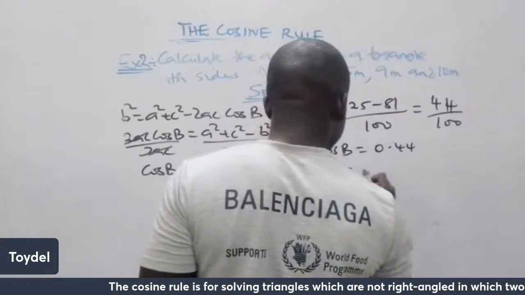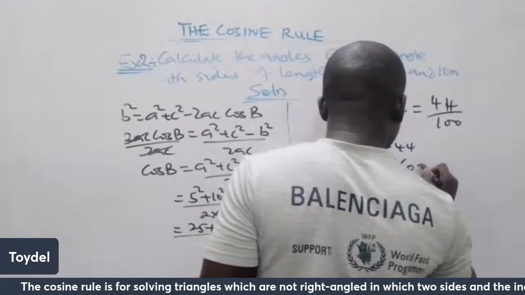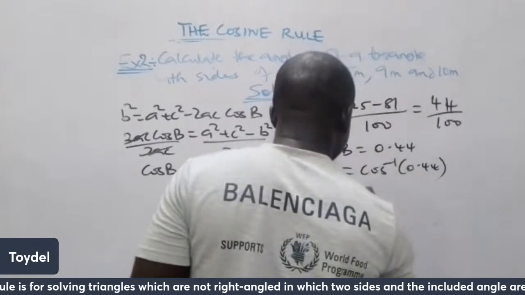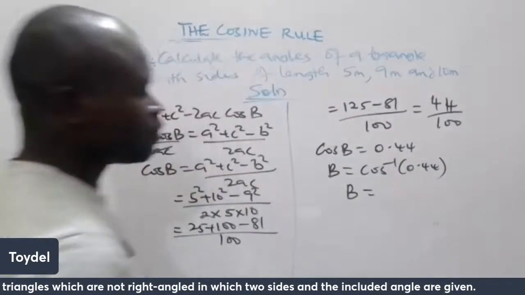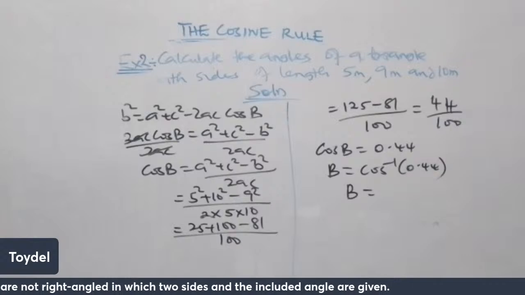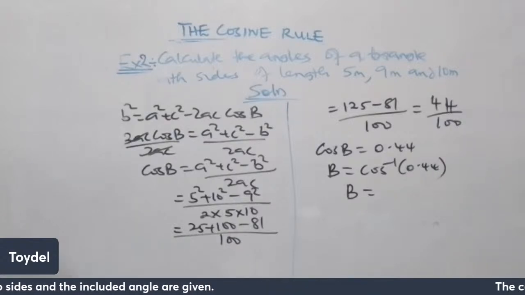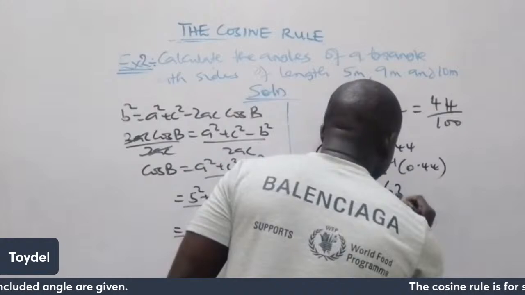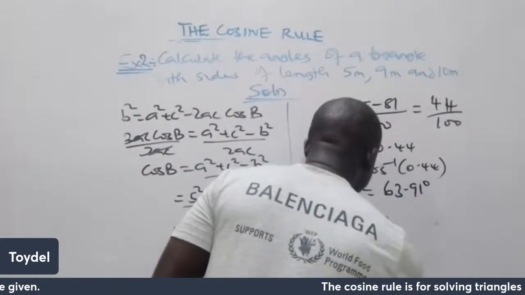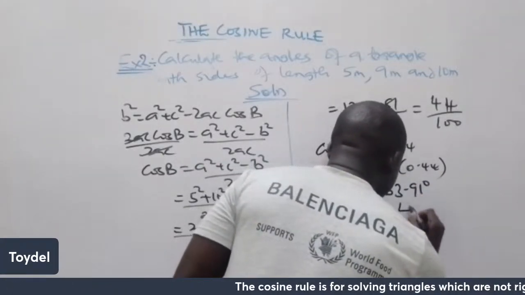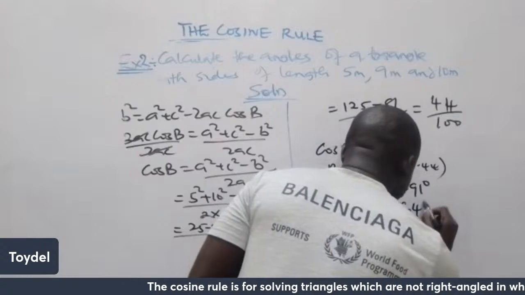Then B will be what? Arc cos of 0.44. When we take the second function cos of that, that will be 63.91. So B is going to be 63.91 degrees. So B is approximately 64 degrees.